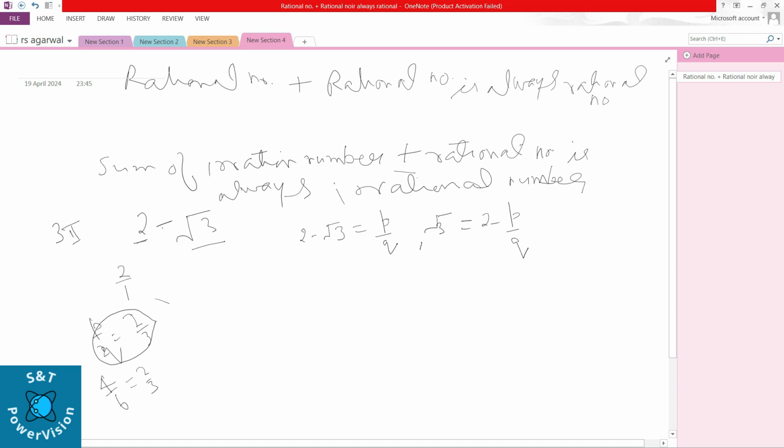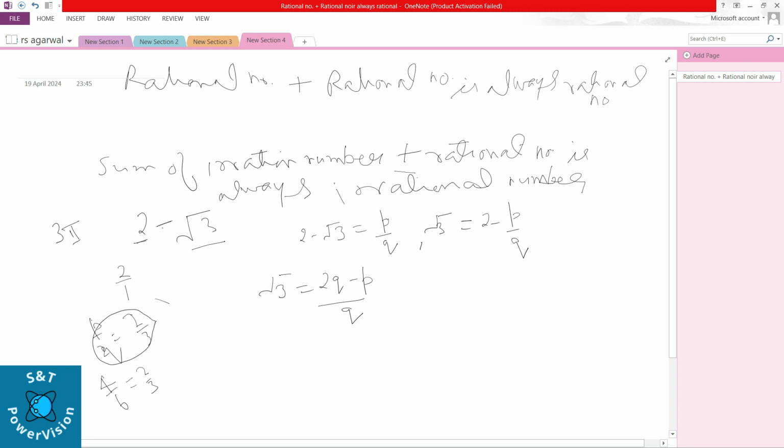So root 3 is equal to 2 minus p by q. Since q and p are integers, we can say further that root 3 is equal to (2q minus p) by q.